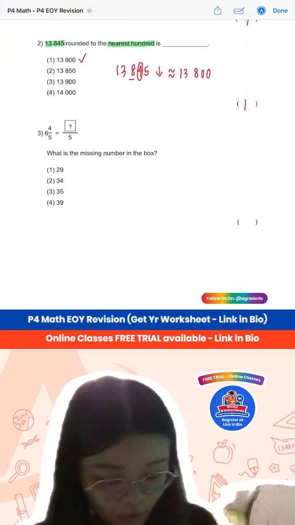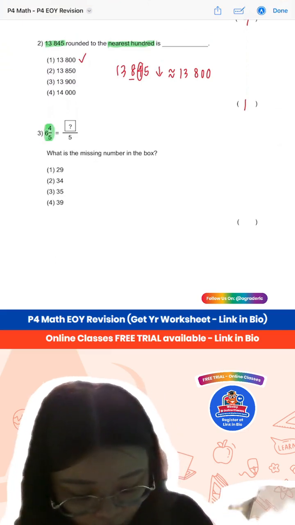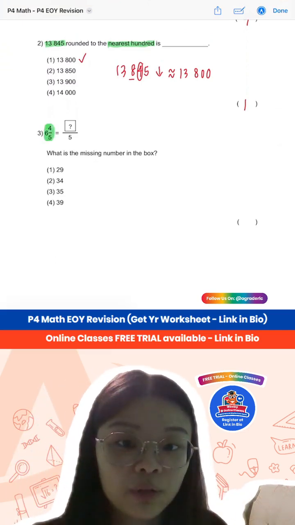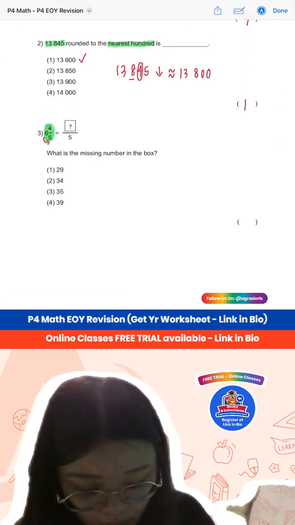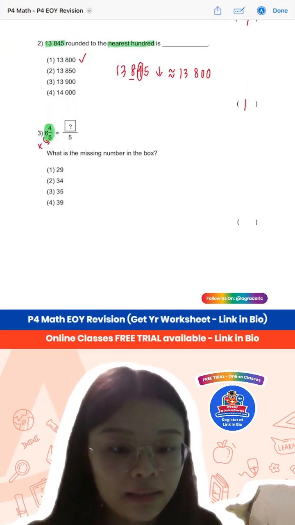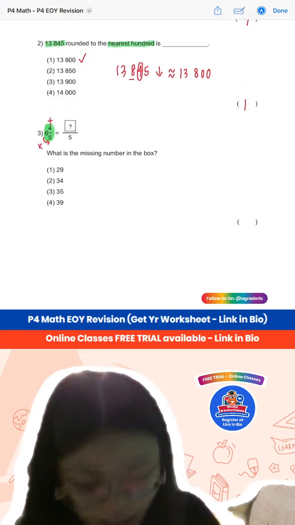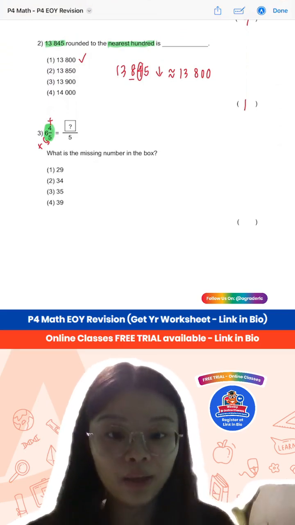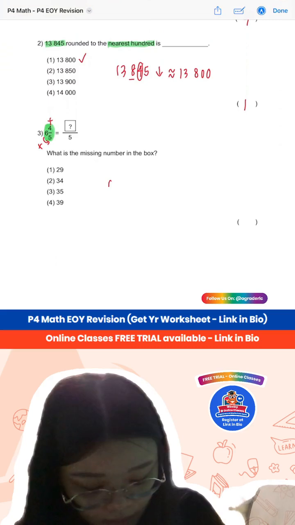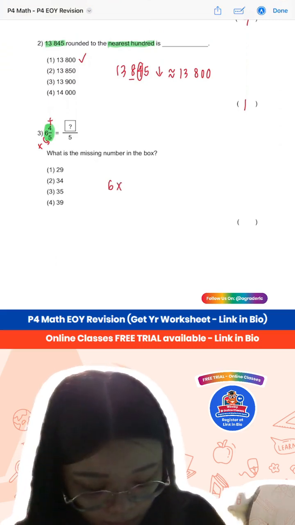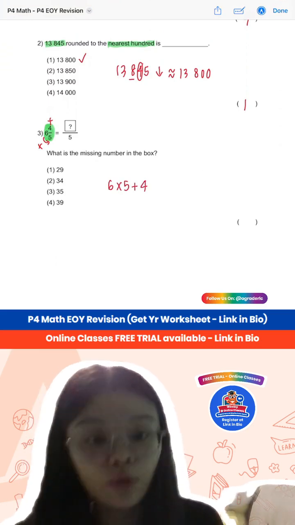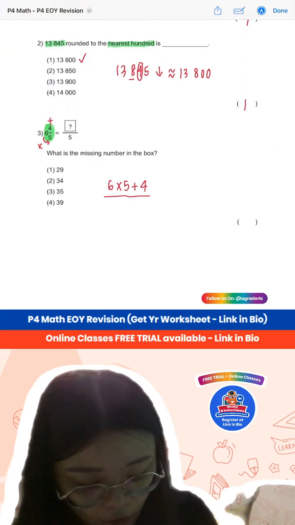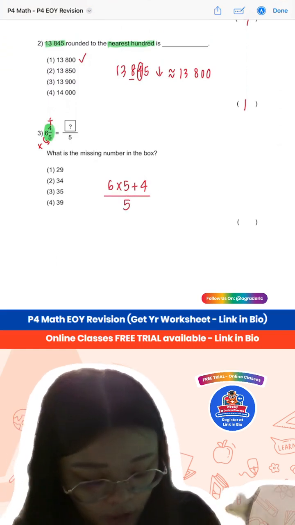To do this question, 6 wholes and 4/5. Do you still remember the formula to turn it into an improper fraction? We take the whole number multiplied by the denominator, and then we add the numerator. The denominator will stay the same in an improper fraction, so it stays as 5.